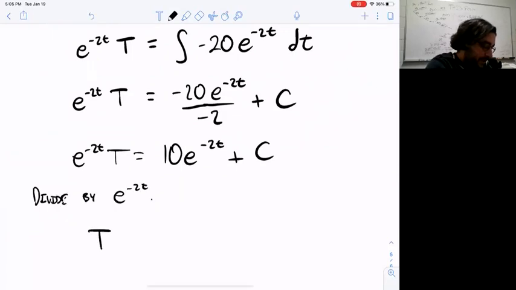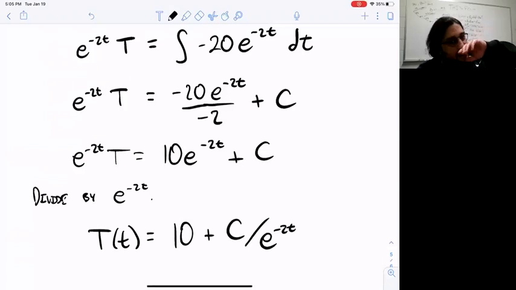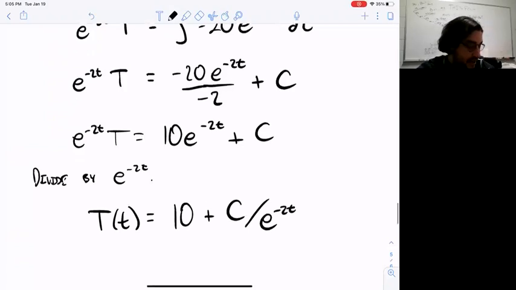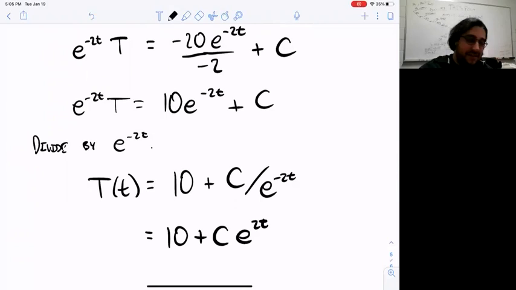So we have T is 10 plus c divided by e to the minus 2t. On the 10, the e to the minus 2t's cancel. So I get 10 plus c e to the 2t. Because I have a negative exponent in the denominator, there's no reason to leave it down there. Just bring it up to the numerator and make it positive.